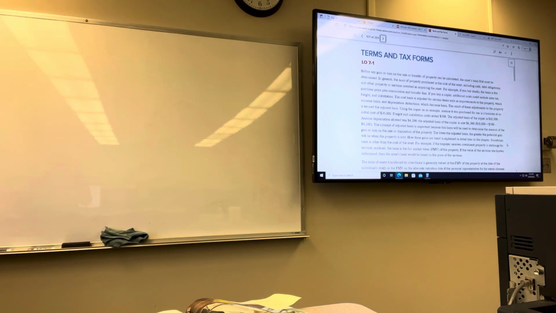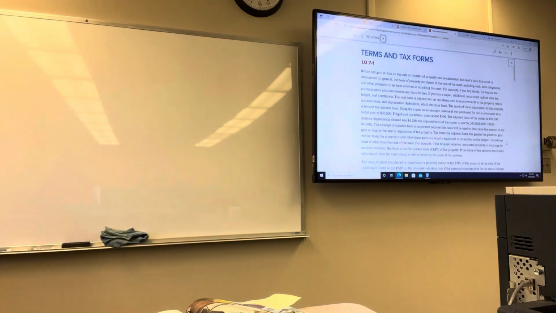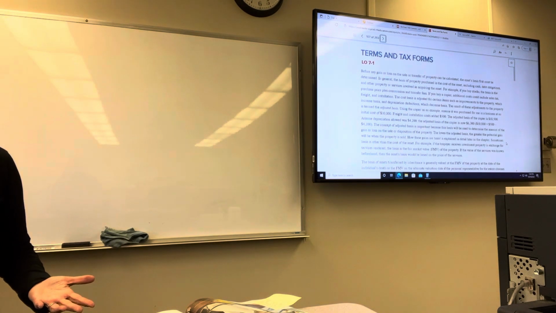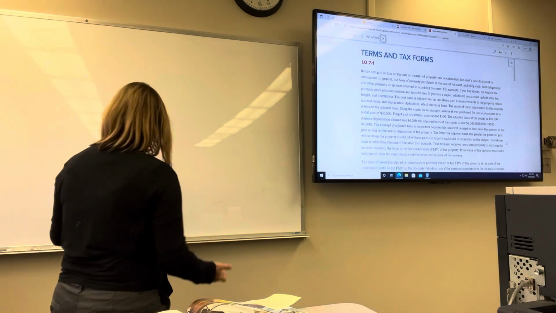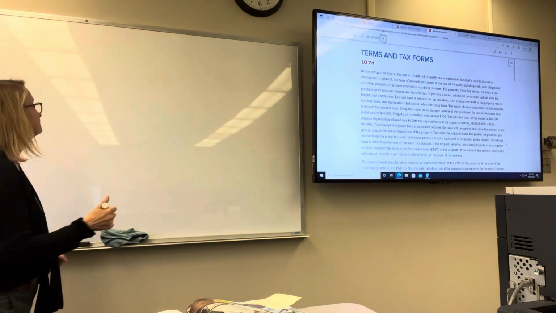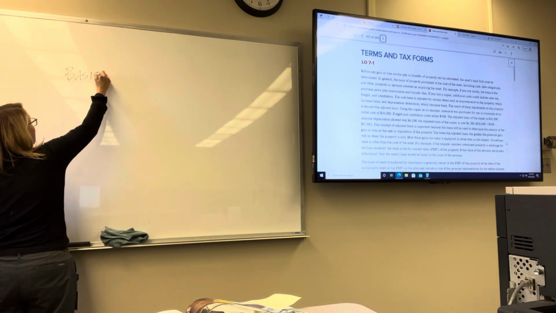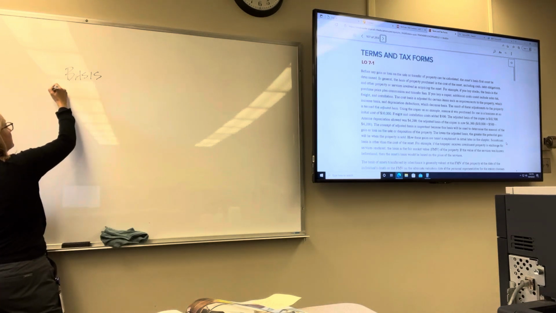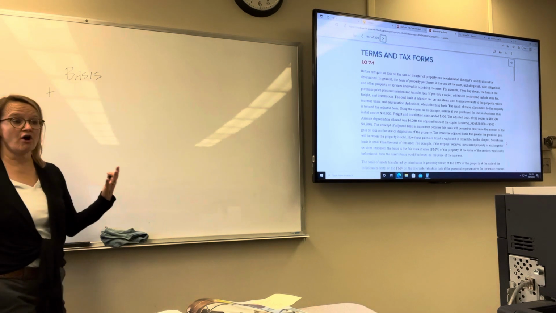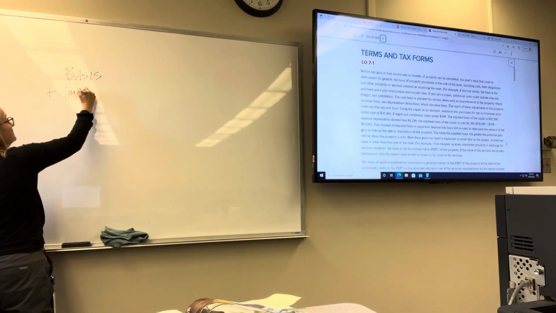So again, the first thing we need to know in order to calculate any gains and losses is the basis of this property that we're going to sell. We talked about that extensively in the last chapter. We've got our beginning basis, whatever the cost is when we purchased it, plus all of the costs of getting it ready for sale. We would add to that the cost of any improvements or additions that we have made.